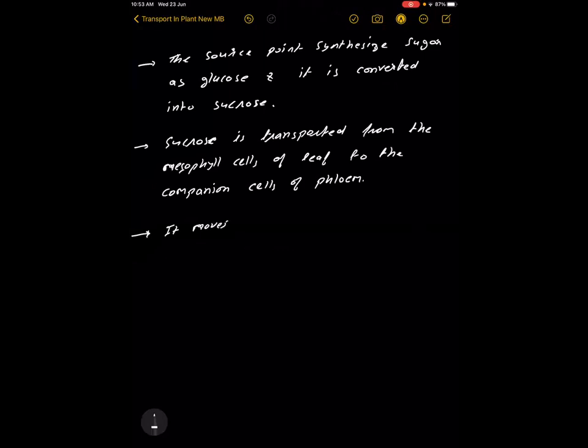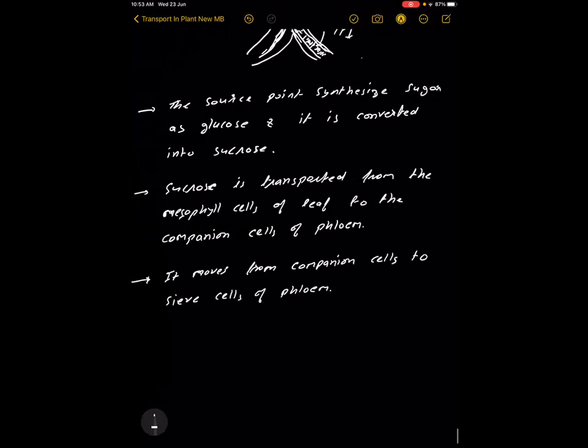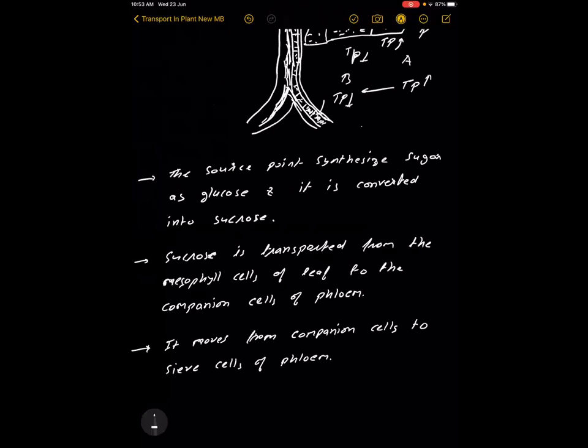It moves from companion cells to sieve cells of the plant. So it moves from companion cells to sieve tube cells.